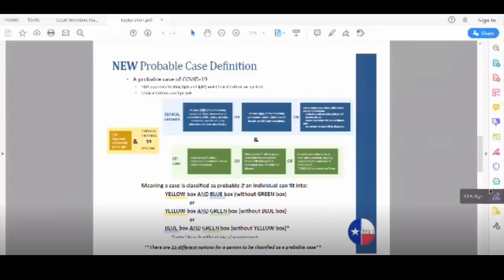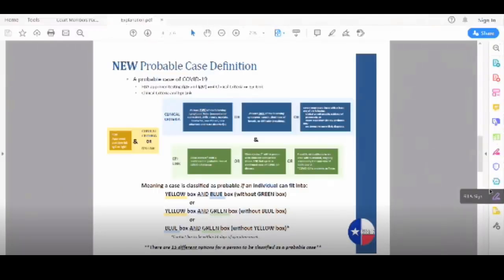If you're yellow, you have the test, and then you have any of the blue, you're a probable case. If you're yellow and you have any other close contact, which doesn't mean you're sick, you're a probable case. And if you don't do any of that lab work, and then you get sick and you were a contact of a case, you are then counted as a probable case.